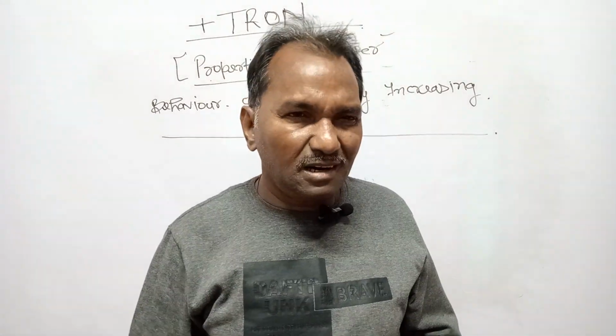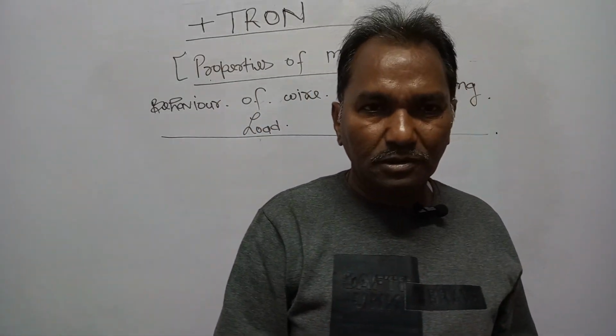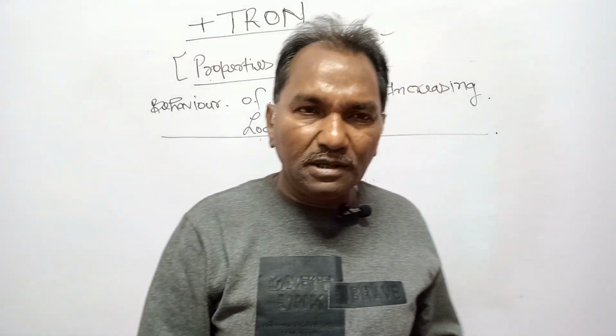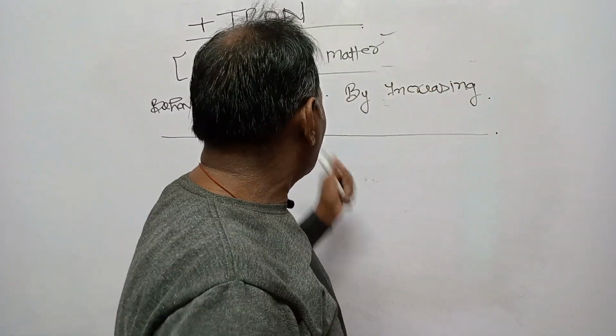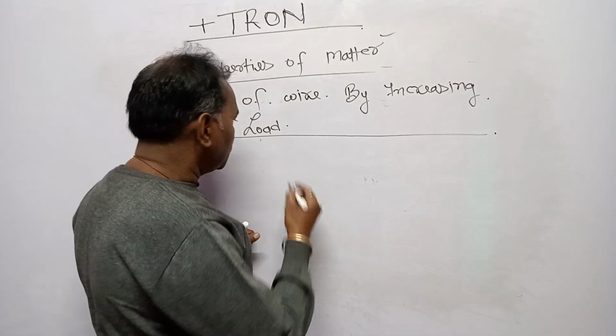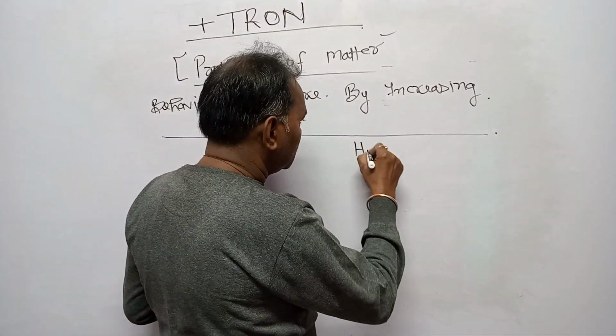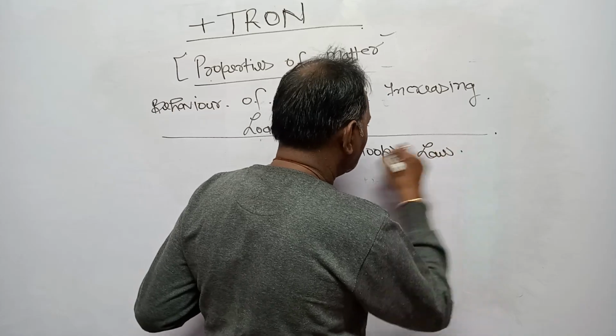Let's consider a wire on which a load is hanged. You are just increasing that load. Then what would be the relation between the stress and strain? Okay. Dear student, before going to this topic, there is a very important small topic, that is Hooke's law. First we should study Hooke's law.